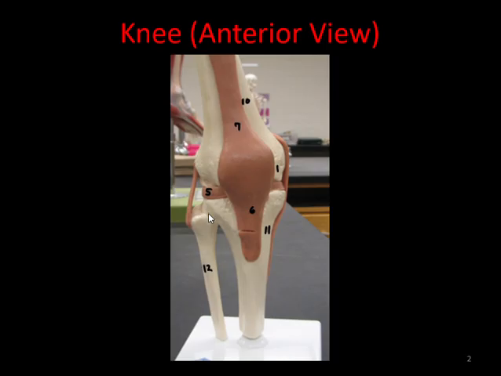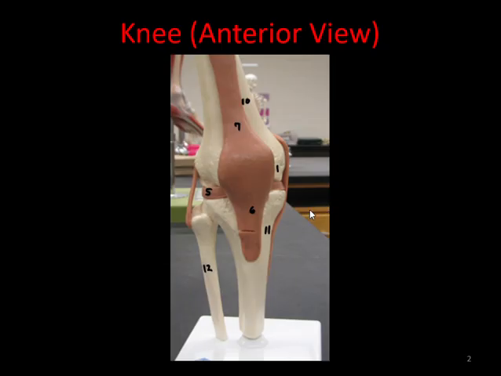If you know your human anatomy, you'll know that the fibula here is on the lateral side of the body, or the outside of the body. So this one here is on the lateral side. And on this side is the medial side of the body, so towards the middle or inside of the body is the medial side.